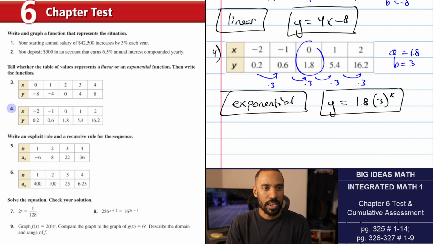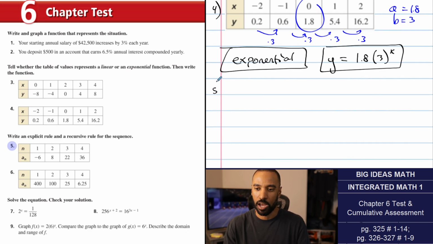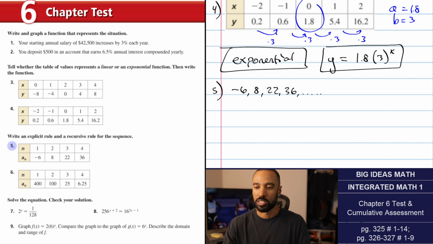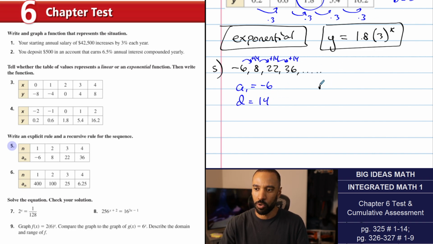Numbers 5 and 6, they say write an explicit and recursive rule for the sequence. That would be something you'd see out of section 6.6. So we're kind of just moving on up in the world. I'm going to write out the sequence as like a list here. So -6, 8, 22, and 36. And it's all about what's happening here. It looks to make a common difference of 14. Yeah, if I'm adding 14 each time, it's going to be arithmetic. And being an arithmetic sequence with said common difference, we need to know the two following things: the first term and the common difference. And we can use those for our recursive rule.